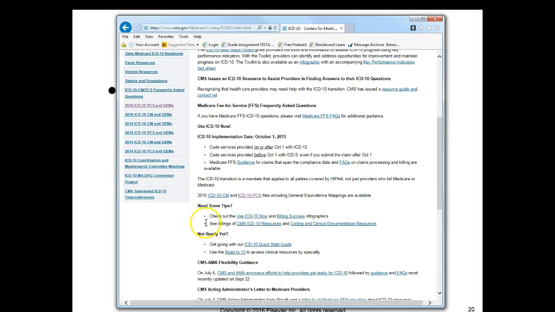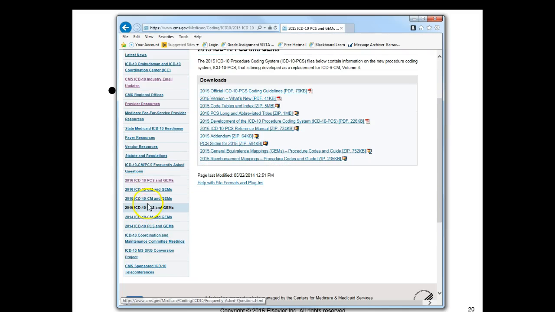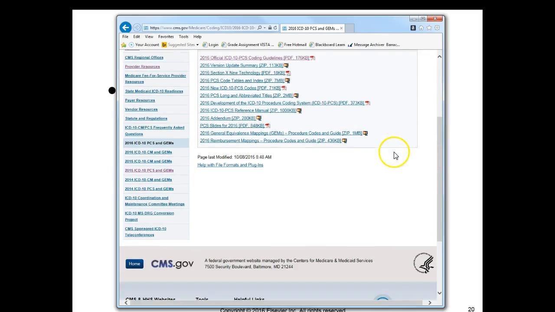When I come over here, you can see that the GEMS are listed. There are GEMS for ICD-9 CM codes to ICD-10 CM codes, and then also the GEMS for PCS. We do have 2016 PCS and GEMS.